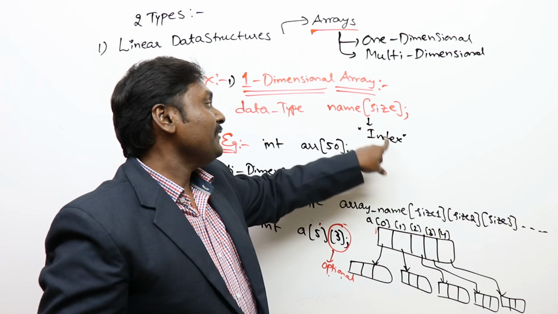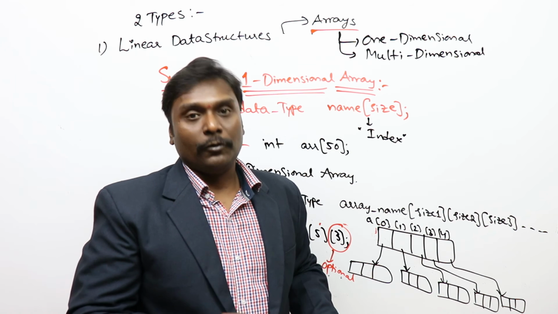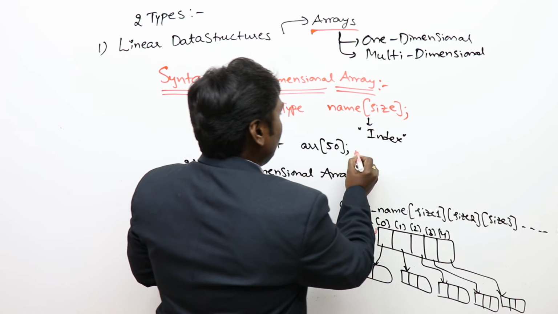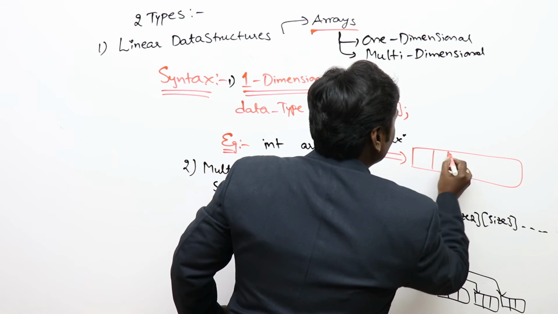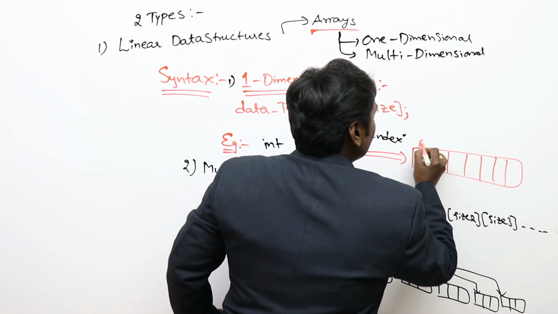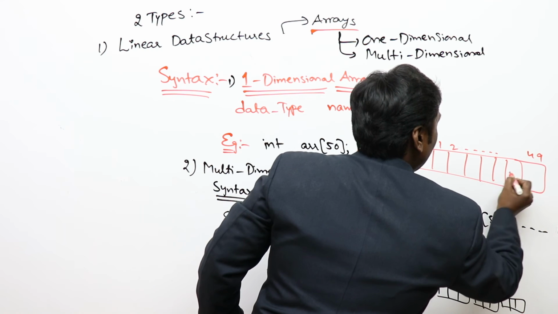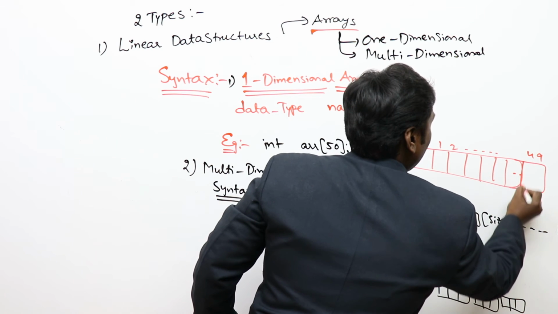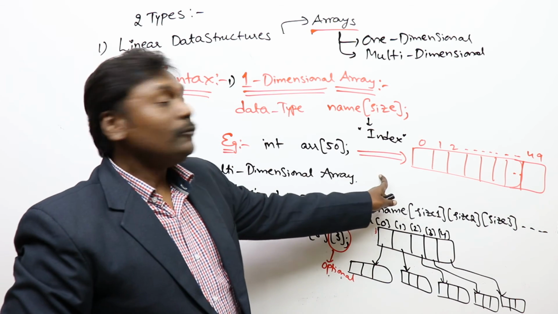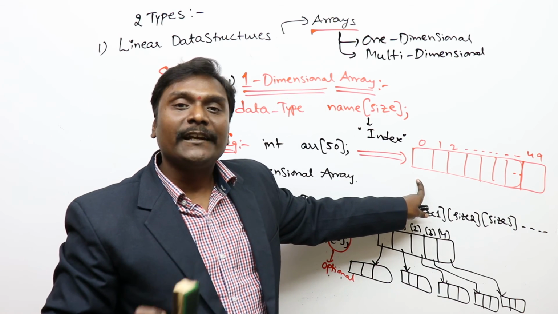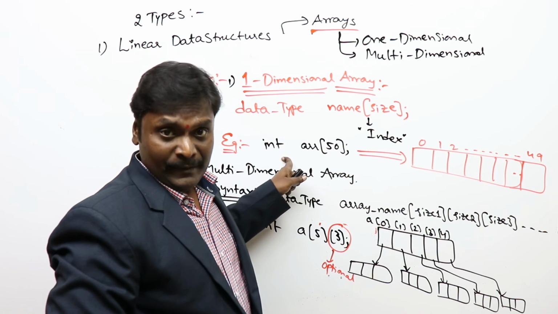The size represents how many values you are supposed to store. So for this example, totally how many elements? 0, 1, 2 and so on up to 49, so 0 to 49, 50 values you can store in an array.